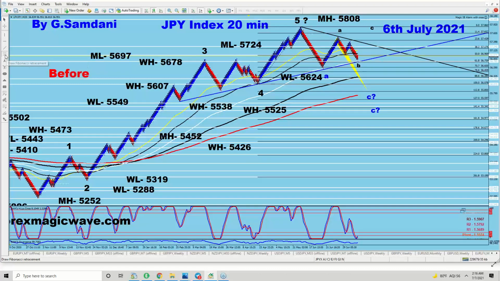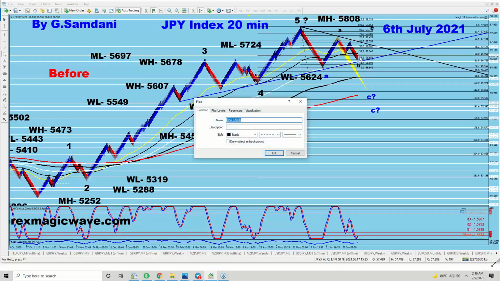Now, if I pull the fib here, we can see the first pullback is around 61%, between 61 and 78, and then it's dropping, and it is exactly at the 23% line right now. Then it might go up to 78% here, and then drop, right?